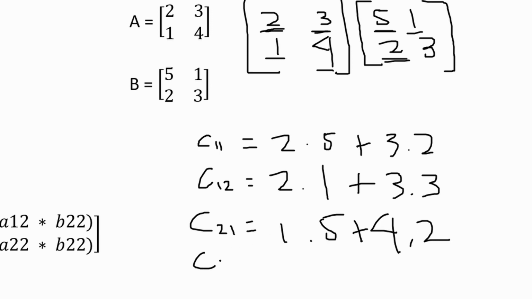And then C22 is 1 times 1 plus 4 times 3.